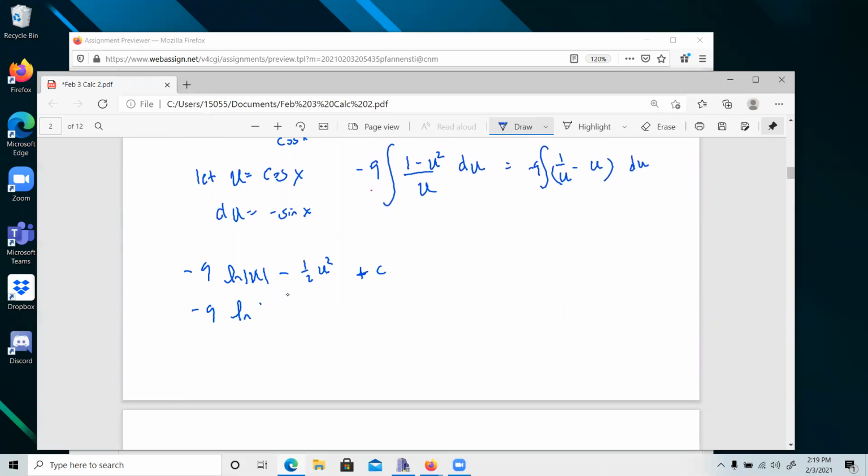This is just going to be the natural log of the absolute value of cosine x, minus 1/2 cosine squared x, plus c. So maybe negative 9 natural log cosine x plus 9/2 cosine squared x. Okay, we can do that.